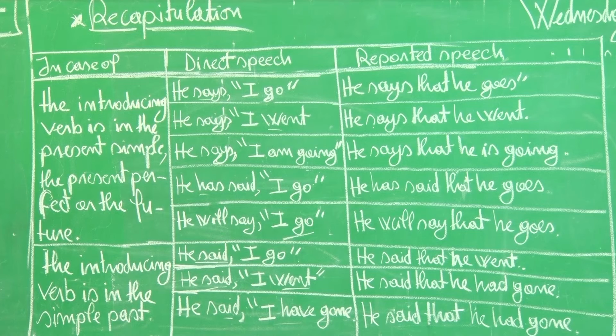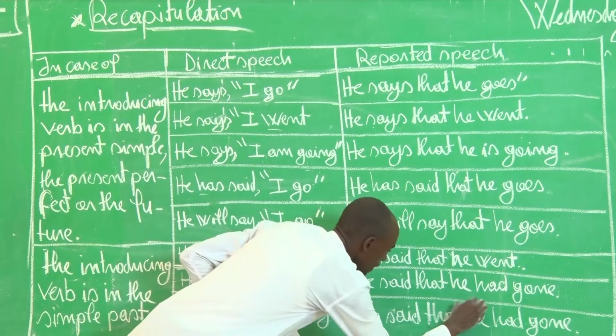The past simple becomes, in reported speech, the past perfect. He said that he had gone. We have also, he said, I have gone. I have gone is in the present perfect, and in reported speech we have the past perfect. He said that he had gone. Okay.